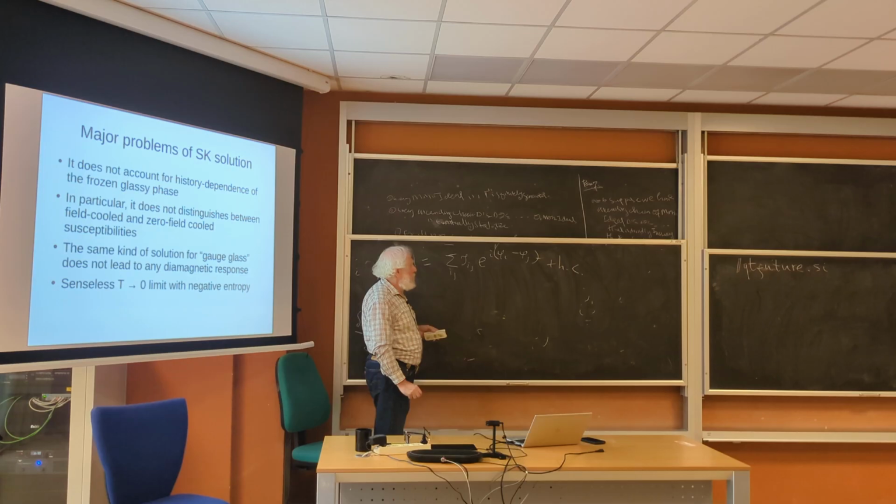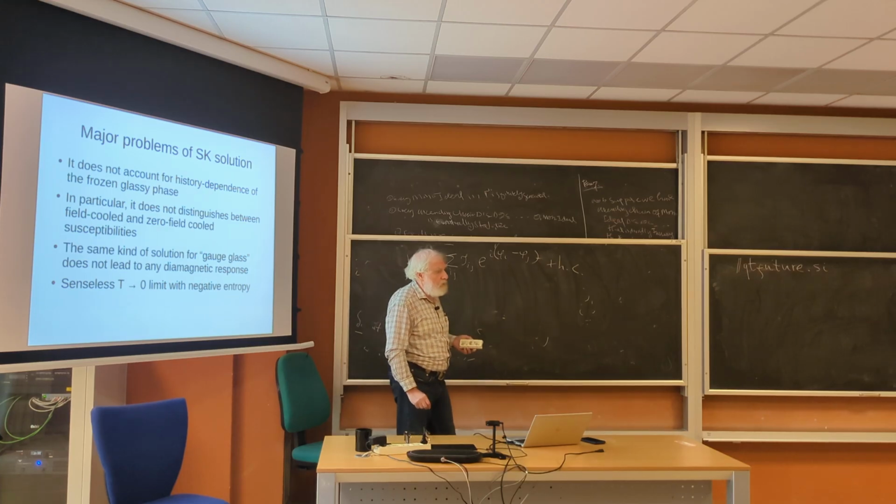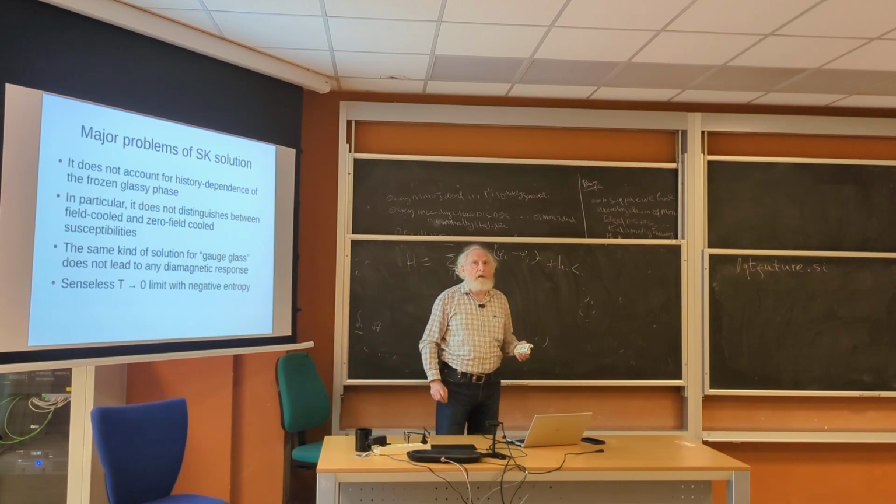This is actually the model of a Josephson array, and then these J are just Josephson coupling energies. In particular, it was an interesting model in the beginning of the discovery of high Tc superconductors in 87.